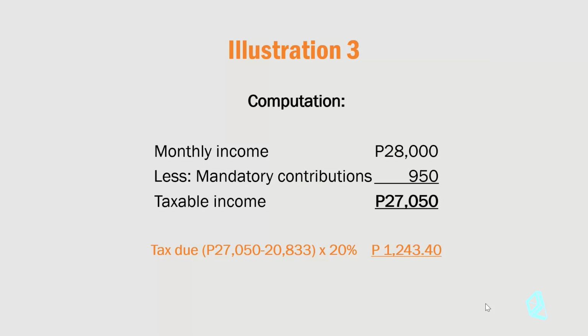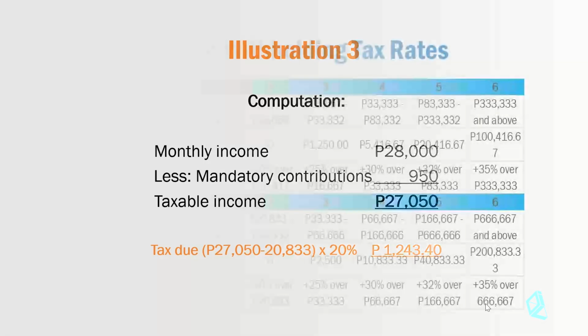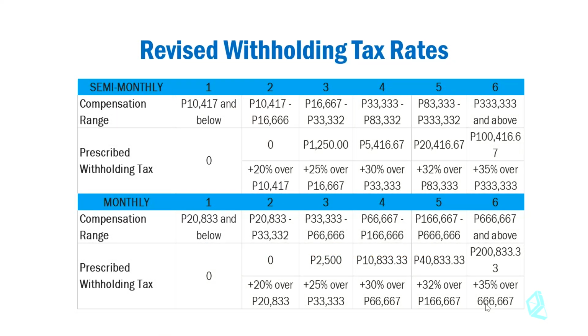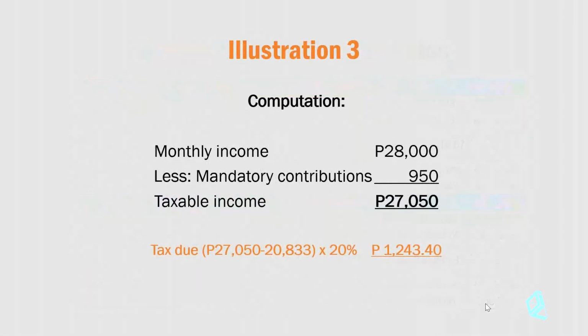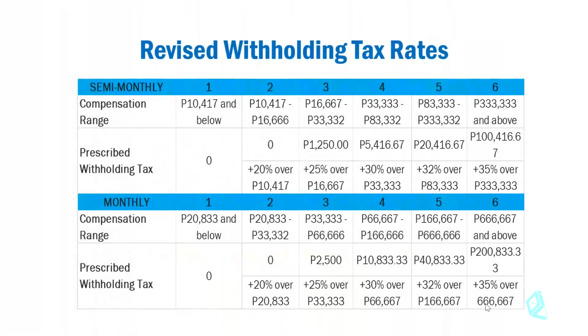So you have there already the computation of the tax due. But say, let's try to go back to the table and look for 27,050 taxable income. So we make use of the monthly section, and we first look at the compensation range row.